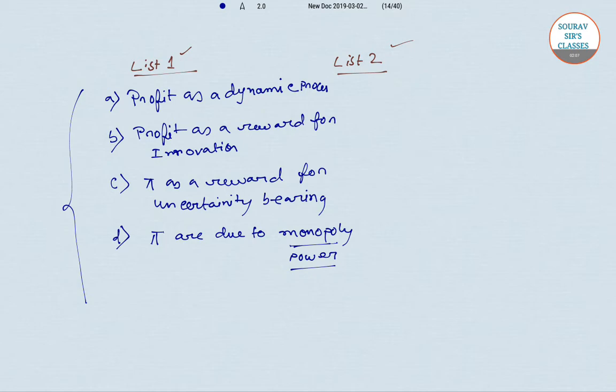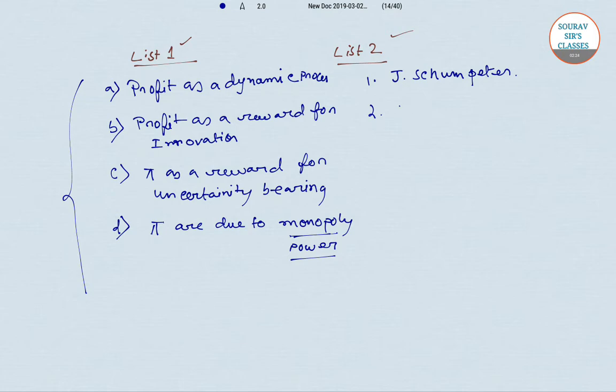So these four options are given, as you can see. In list 2 there are four options given. The first one is given as J. Schumpeter, you can see, a competitor. The next option is given as M. Kalecki.